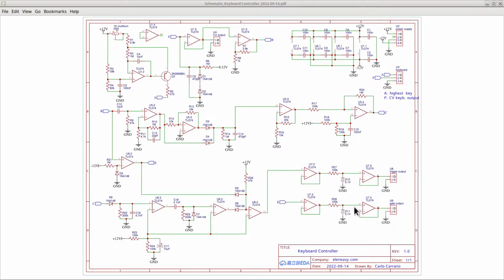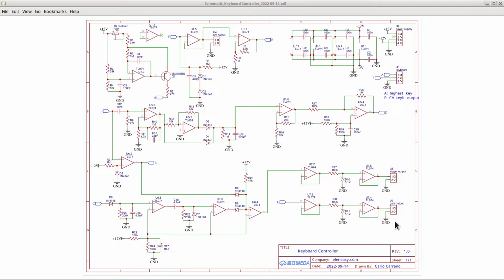And whenever the voltage is negative, the Zener will behave like a directly polarized diode and will take the voltage to about 0 volts. Op-amp U7.4 will finally adjust the output impedance and provide the actual gate signal to the appropriate jack on the panel through the connector U9. Now we have a clean gate signal every time a key is being pressed.